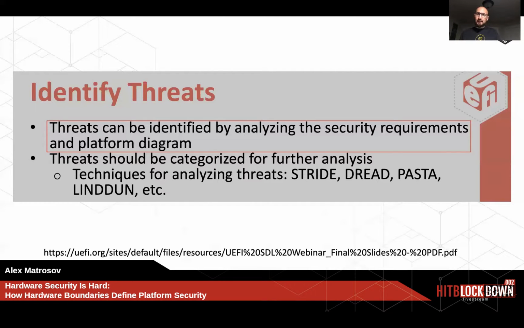But in my opinion, if we just look at the diagrams and security requirements, they say nothing about threats.